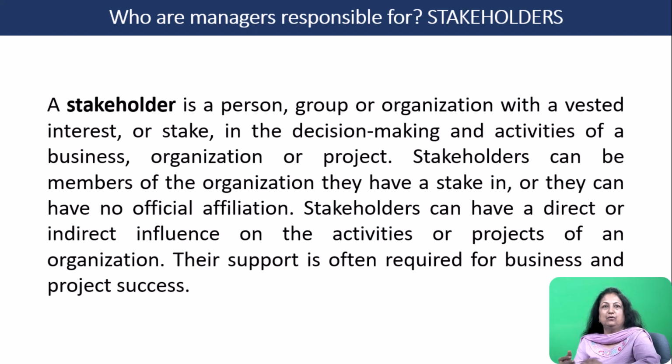So the employees are formal stakeholders, but the community also benefits directly or indirectly, and therefore they are very important stakeholders. Stakeholders can have a direct or indirect influence on the activities or projects of an organization. Their support is often required for business and project success.